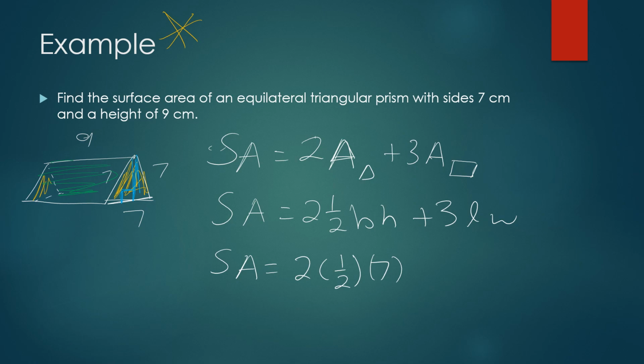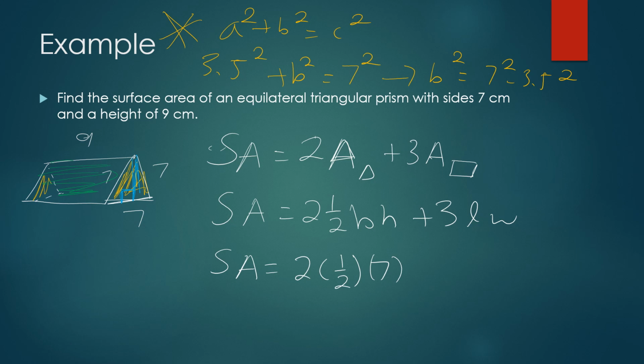We know that the Pythagorean theorem says that if I have a squared plus b squared, I get c squared. Well, here, one leg is 3.5 squared, I do not know my other leg, but I know that my slant height, or my hypotenuse in this case, is 7 squared. So I get 7 squared minus 3.5 squared, and then I'll take the square root of that.